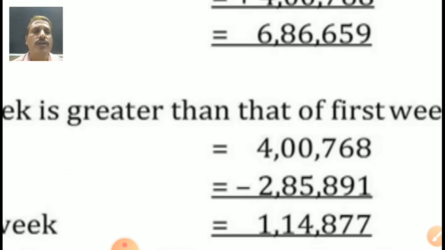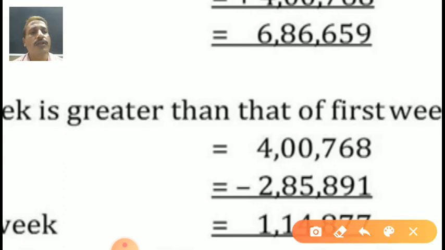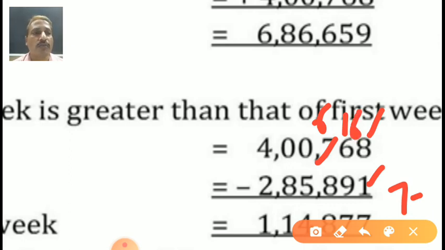768 minus 2 lakh 85,891. Very simple. Once again, I show you how to do this one. 8 minus 1, that's 7. 6 minus 9, not possible. Cut it. Here is the 6, here is the 16. 16 minus 9, it's 7. 6 minus 8 is not possible.